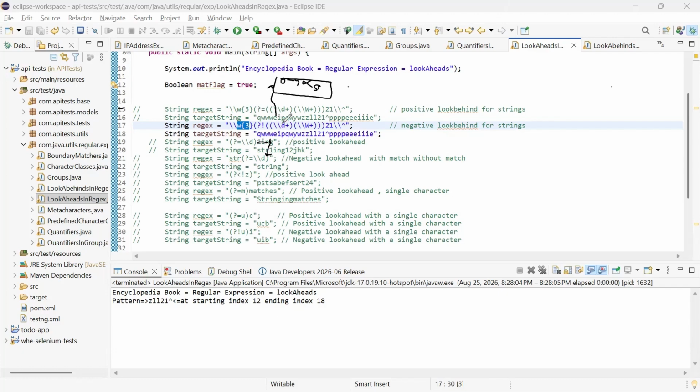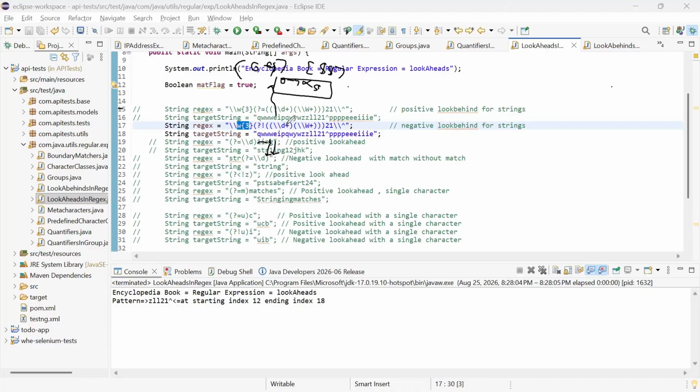When we have got the match, it is because it is saying not equal to. It is saying range 0 to 9, or special characters one time or more time. We don't have a special character one time or more time here.